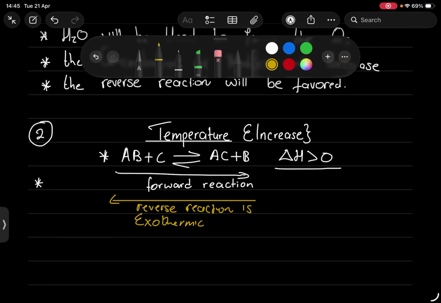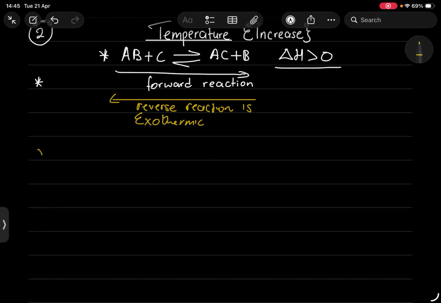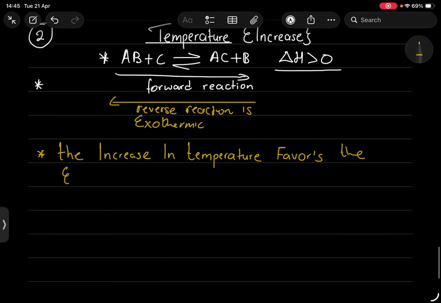You get it? So let me tell you, number one, the increase in temperature all the time, guys, favors the endothermic reaction.